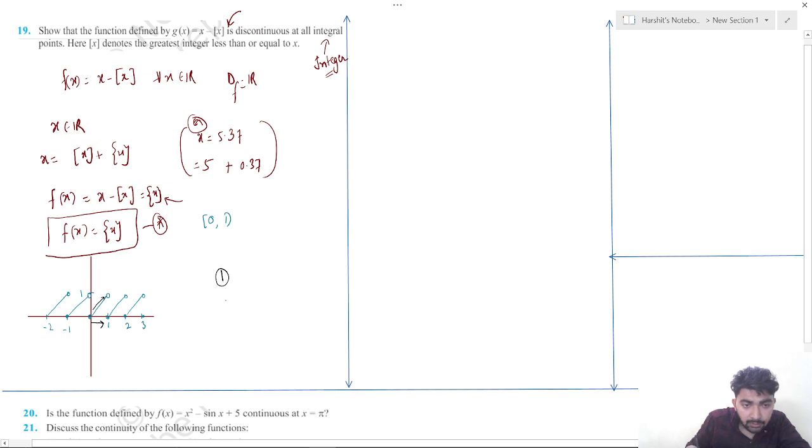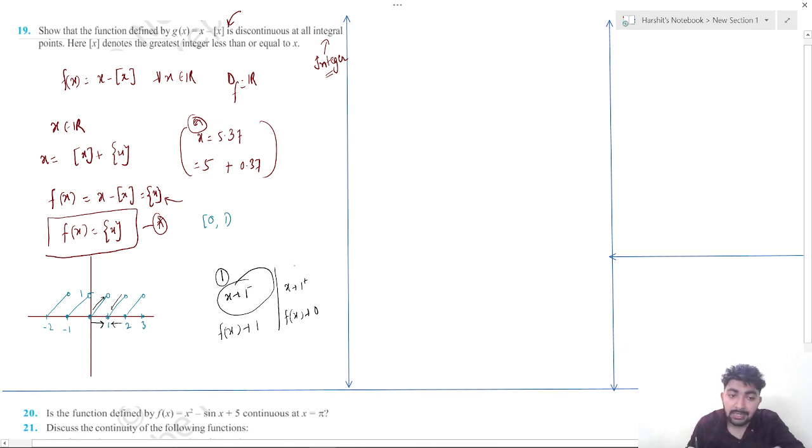And if x approaches 1 from the right side, then f of x approaches 0. So here we can observe that at 1 the limit does not exist.